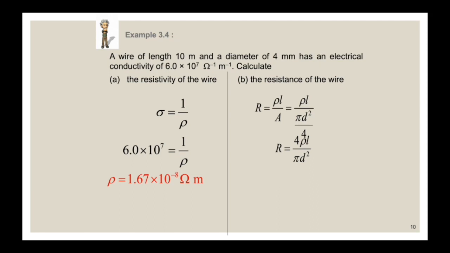Then we rearrange and substitute. The rho is 1.67 times 10 to the power minus 8, length is 10 meters, and then we have the diameter. If you want to find the radius from the diameter, you can also do that and you will yield the same answer. So this is your answer.